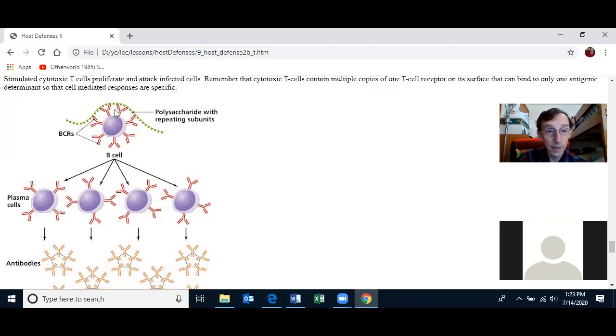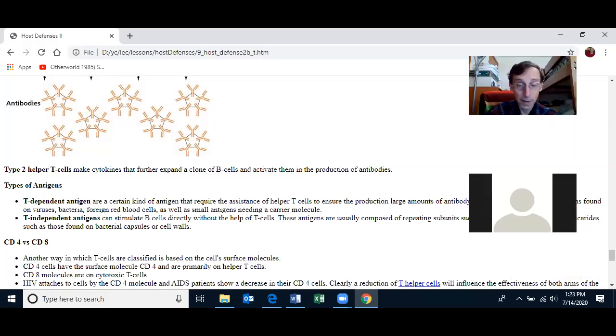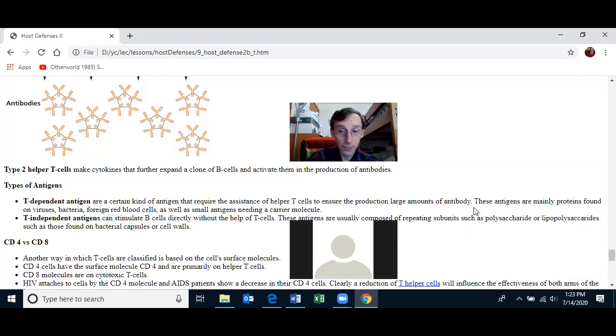And then that repeat can bind to many BCRs to activate the B cell. Okay, so that's what a T-independent antigen is. A large molecule that can directly stimulate the B cell, and has to stimulate many of the B cell receptors. And so that means this molecule has to be large and have repeating subunits.